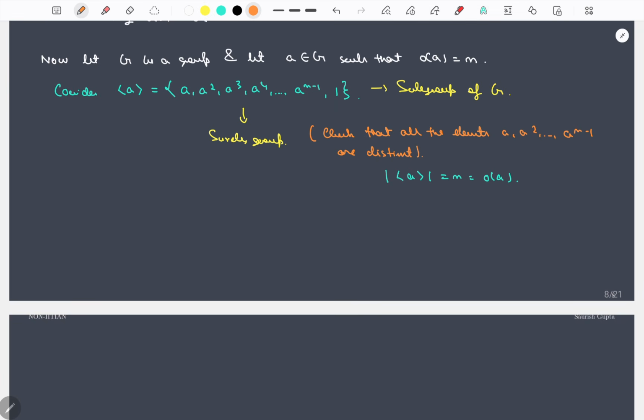Moreover, by our previous convention, this is a finite cyclic group. Okay. Let us draw the Cayley table for this group. So let me just take a brief example. Suppose the order of A is 5.